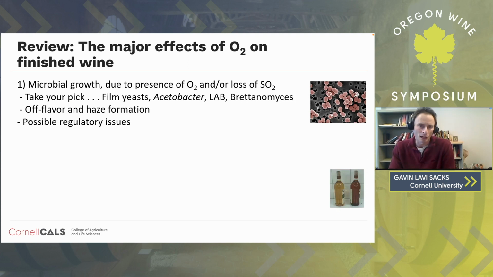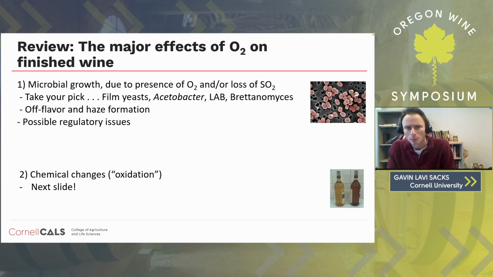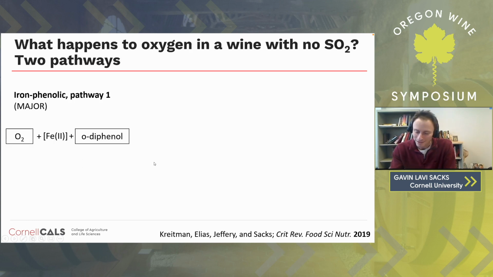This can result then in off flavor formation, haze formation. If you make VA, now maybe you have a regulatory issue. What I'm going to focus more on are the chemical changes, what we refer to often just as oxidation. And that's the next slide. And for that matter, the slides after that too.